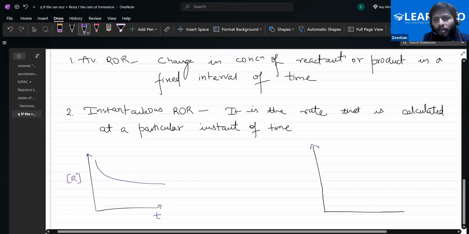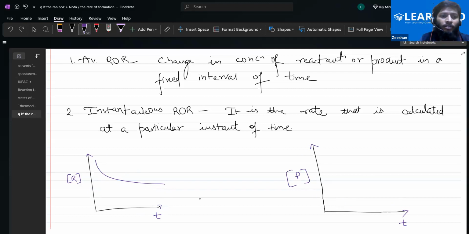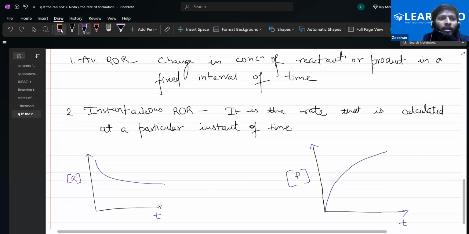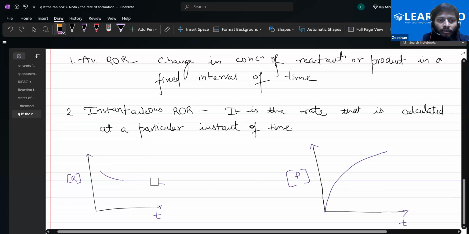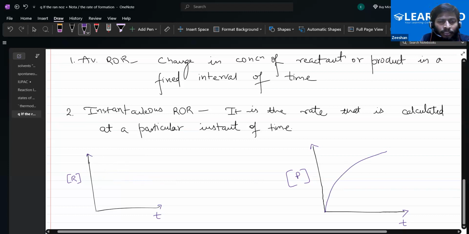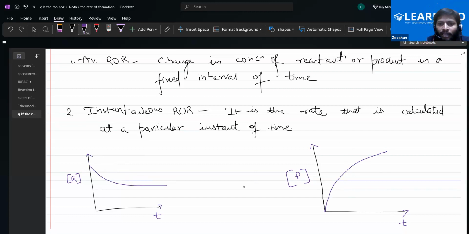And the product concentration will increase with respect to time, so we will draw the graph in the upward direction. Initially the product concentration will be at 0, and it increases with respect to time. We are just taking examples. So now this graph is clear for you.